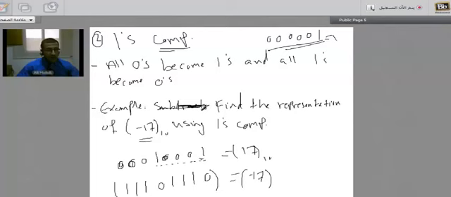Bearing in mind that this is just a bracket. As I said to you, the sign is always the bit at the very far left of the number. So this number here equals minus 17 in decimal.